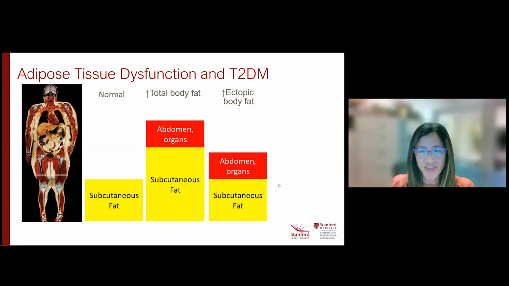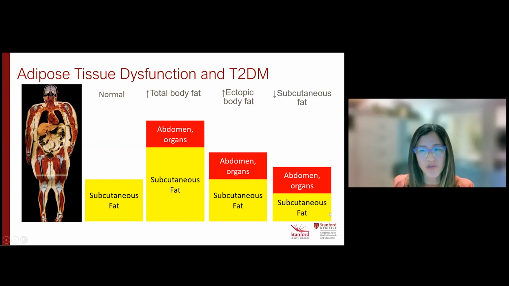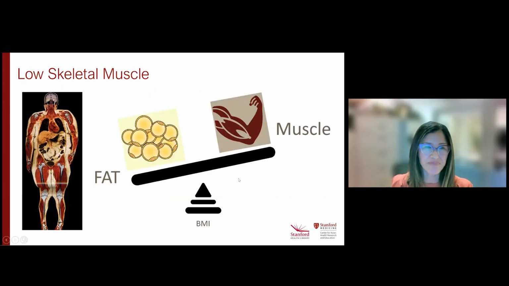There's also another thought that the subcutaneous fat may be underdeveloped in individuals of Asian background, leading to more fat being deposited in the abdomen and in your organs. And the organs that you may have heard about include your liver, but it can also be your pancreas, your heart. So there's a lot of research in this area.